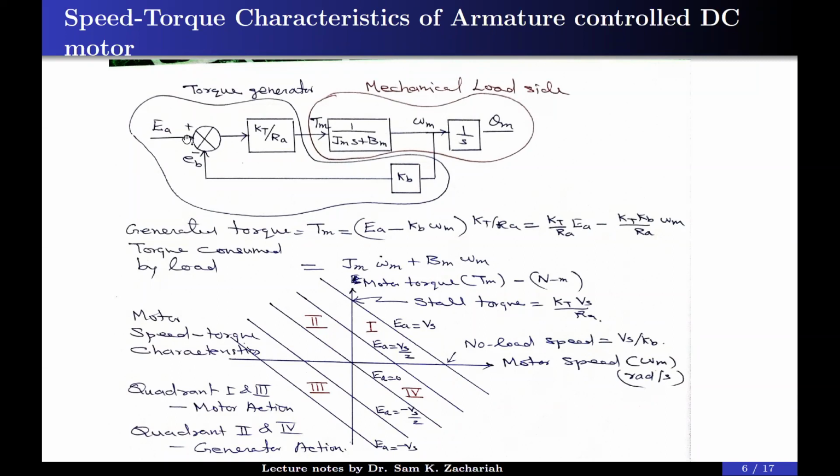How is that voltage coming? It is coming through the power amplifier only. Because the moment you apply EA, this EA is responsible to drive the current also. Such a large current can be delivered only by a power amplifier; a simple or small transistor cannot drive such a current. So EA is the output of the power amplifier.